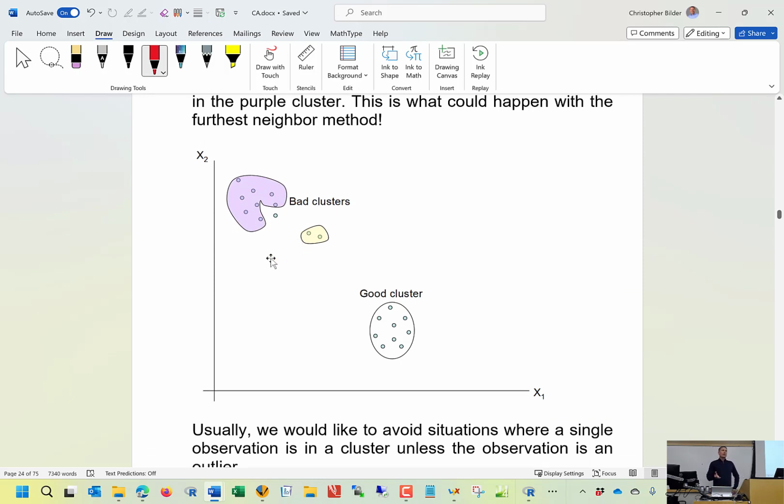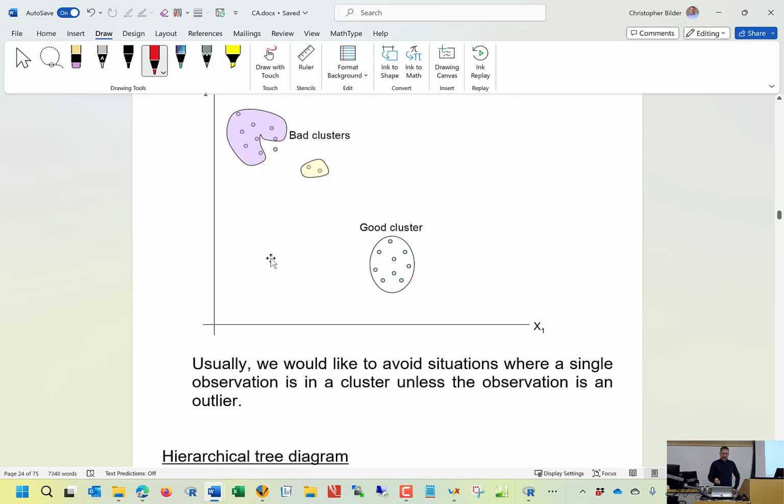So maybe I got to this point here, and I'm going to need to make a decision about which clusters to join next, and it's probably going to center on that little point there, this cluster that has just one observation in it. And if you think of furthest neighbor, and its way of defining the distance between clusters, that distance would be between this point and this point.